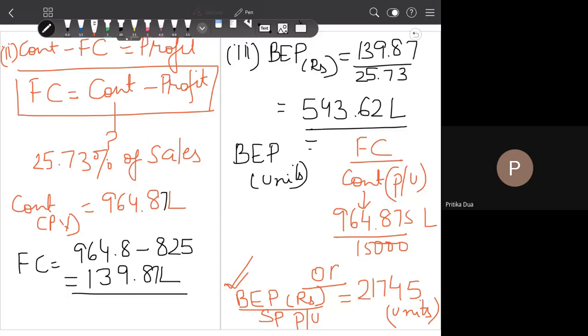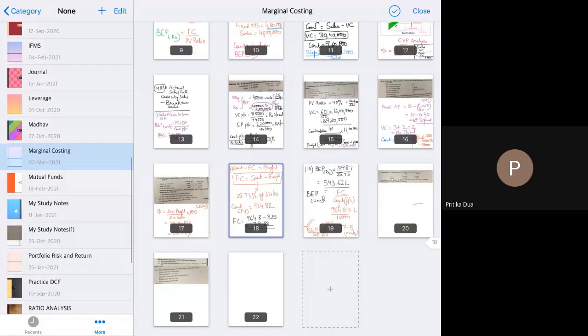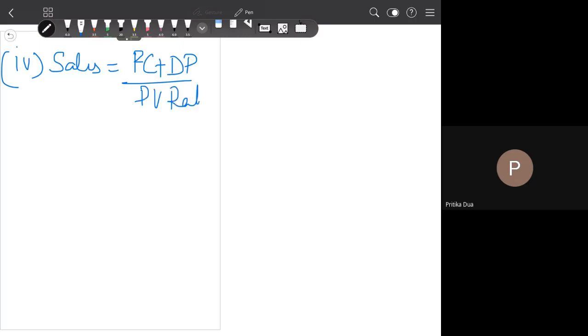Sales for desired profit is fixed cost plus desired profit divided by the PV ratio. I am writing the formula. Please complete the remaining parts. Your fourth part says, what is the sales to earn a desired profit of 25 CR? That would be fixed cost plus the desired profit divided by PV ratio.